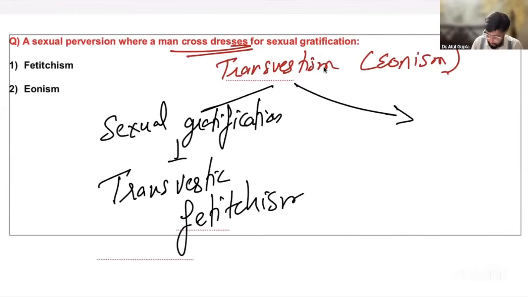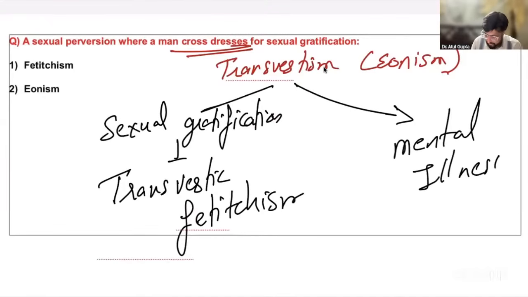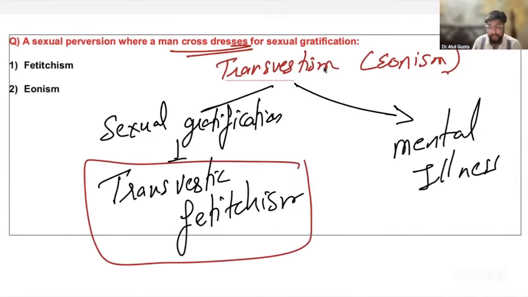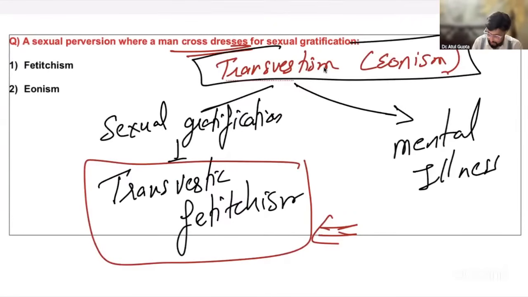But it can also be done for other reasons like some mental illness, gender identity disorder. So the ideal answer for this question is transvestic fetishism. But as I know, this choice was not given. So the second best answer is transvestism or eonism. So in that case, eonism will become the answer.